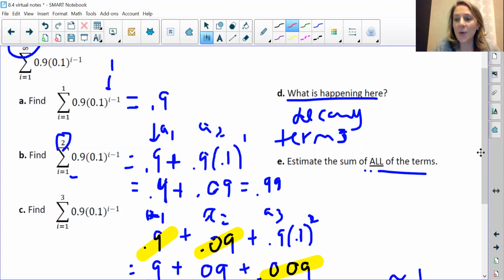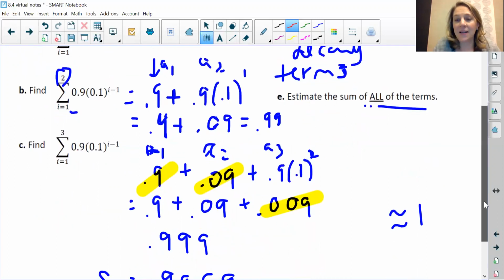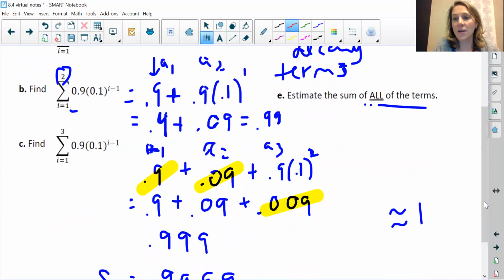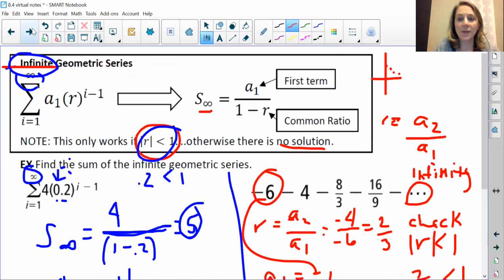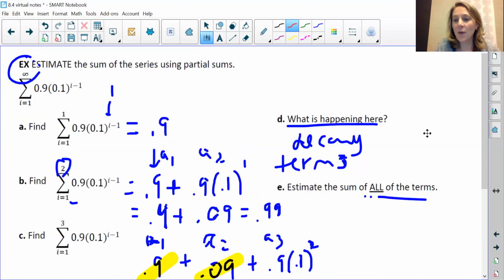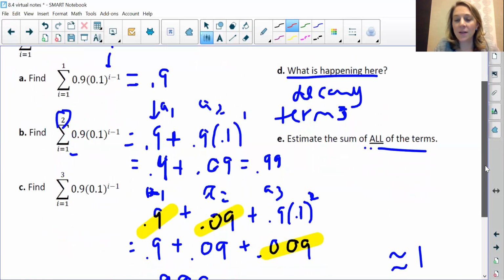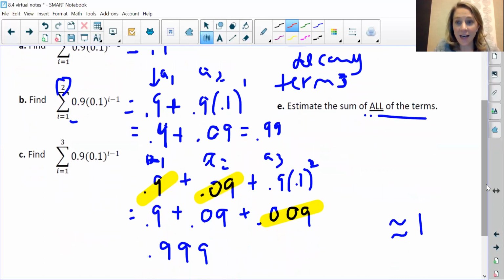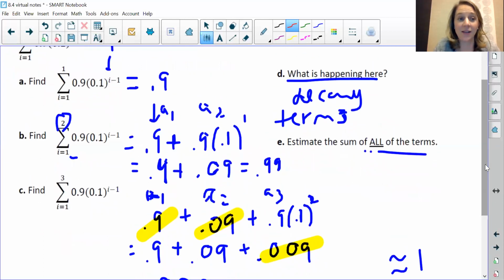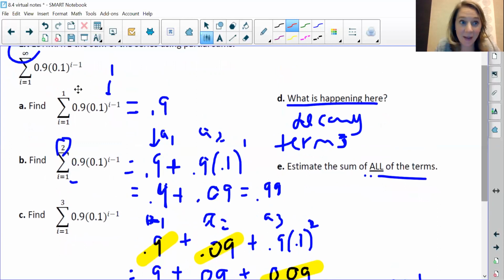We did this example, and we estimated the sum of all the terms, and we said maybe it's about 1, and then we found this formula. Just going back to that real quickly, let's say that again, it's infinite, because it has this infinity here.